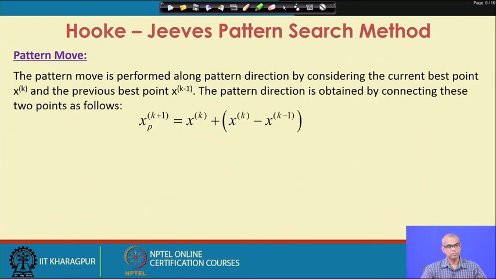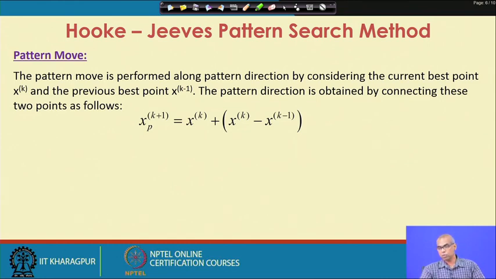So, now the pattern move is performed along the pattern direction by considering the current best point, x at kth iteration, and the previous best point, that is x at k minus 1 iteration.